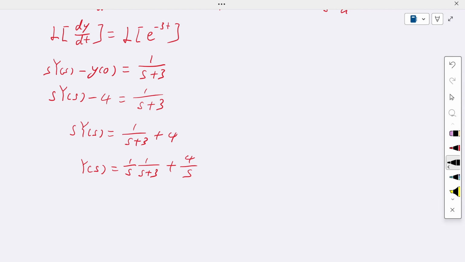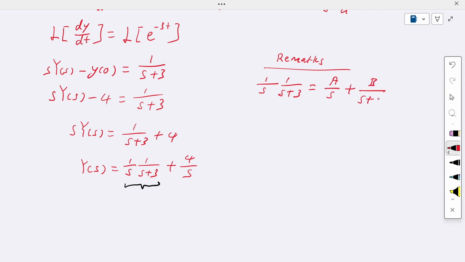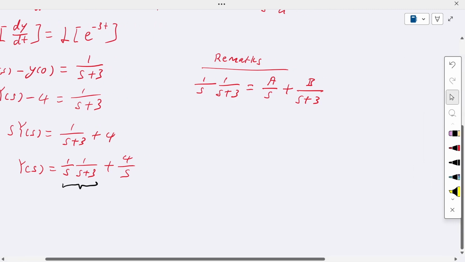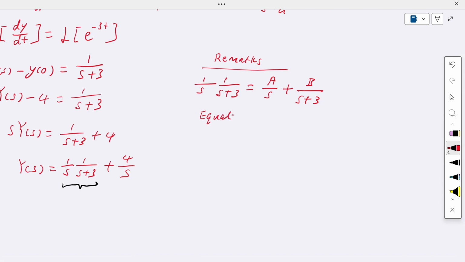Now we can separate this term into two parts to do the inverse Laplace transform. So 1 over s multiplied by s plus 3 can be rewritten as A over s plus B over s plus 3. So we need to find the values of A and B by equating the numerator.